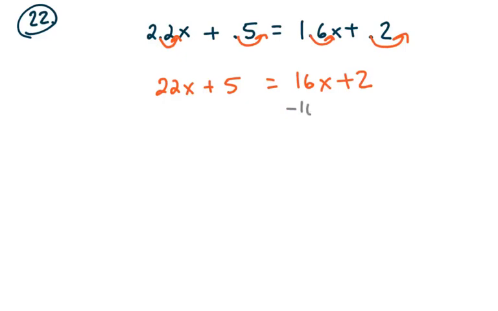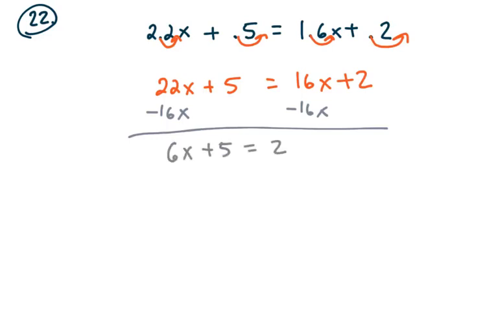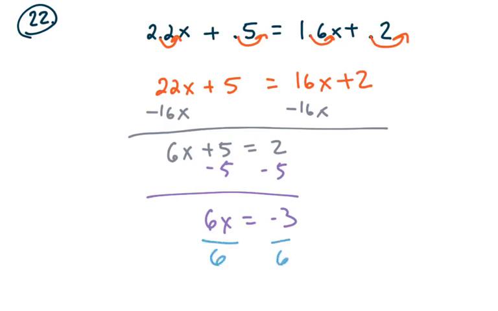Combine like terms, so put the 16x together. That gives me 6x plus 5 equals 2. Move the 5 over. Equals negative 3. And to finish it off, divide through by 6. x is equal to negative 1/2.